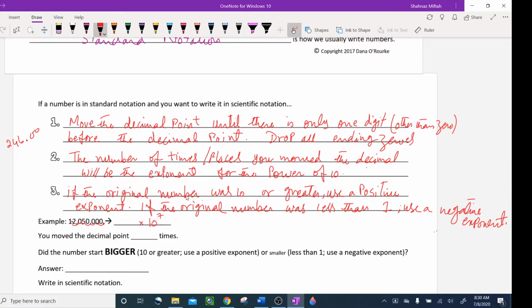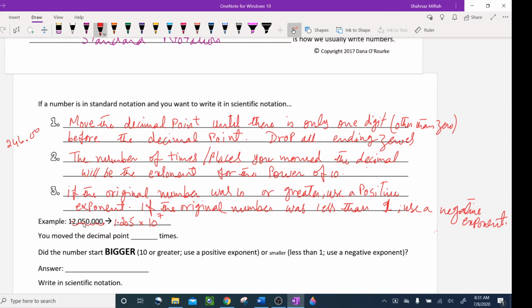Third step, if the original number was 10 or greater, use a positive exponent. This number is greater than 10, so I'm using positive 7. If the original number was less than 1, then you use a negative exponent, but it's positive. Now my number goes 1.205, and the ending zeros, drop them.